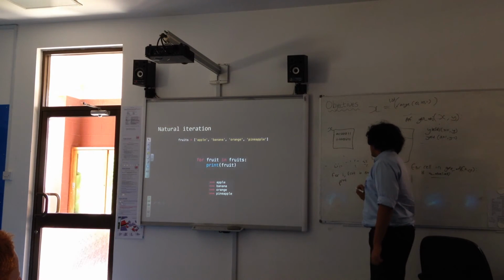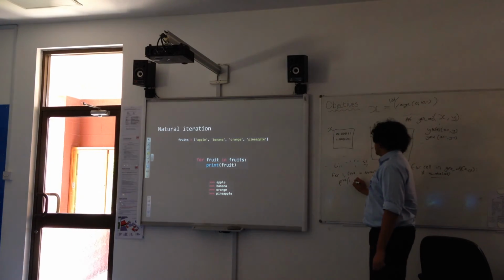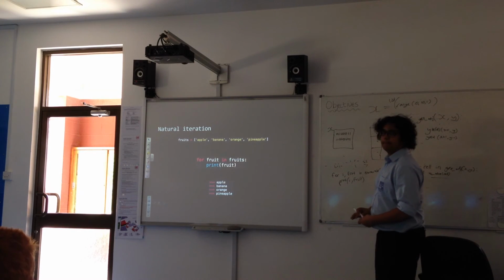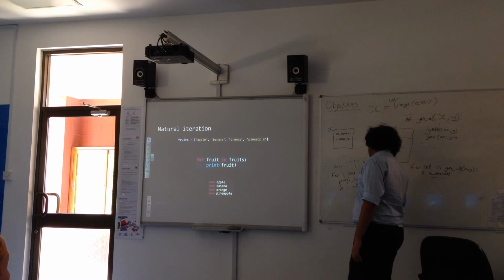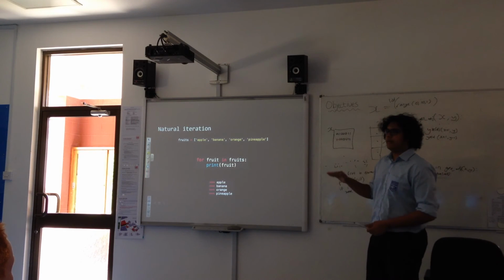If you wanted to print i, you could print i, fruit. That would print out 0 apple. And if you wanted to only print the first three, you could say if i is 2, break. So that's how you can stop it after a certain number.